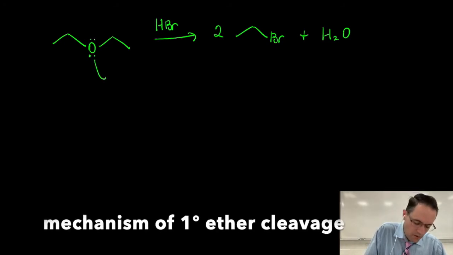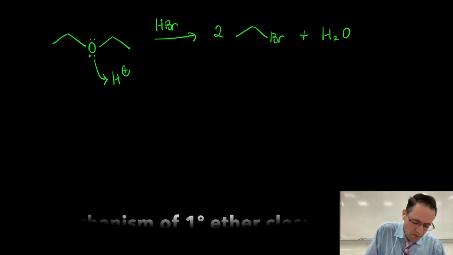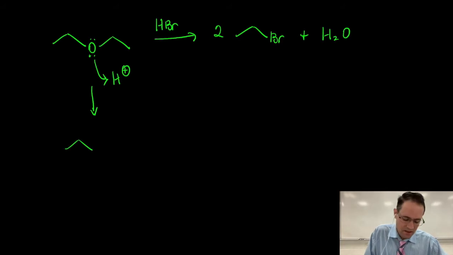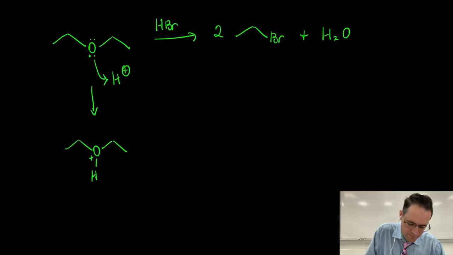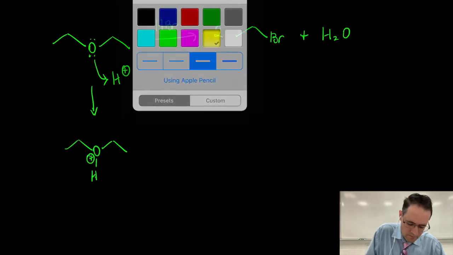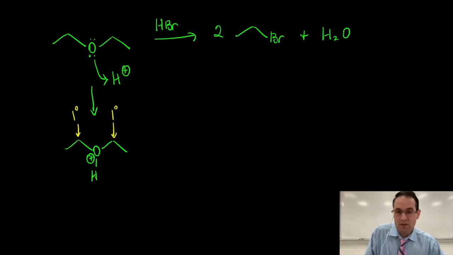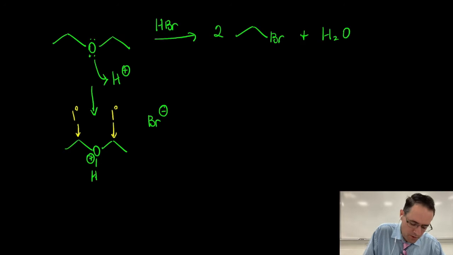Okay, so in this curved arrow reaction mechanism, we want to first protonate the oxygen. And I'd like to point out here that we have a carbon atom that's primary, and here we have a carbon atom that's primary. So in the next step, bromide can sufficiently do a bimolecular nucleophilic substitution on that primary carbon.